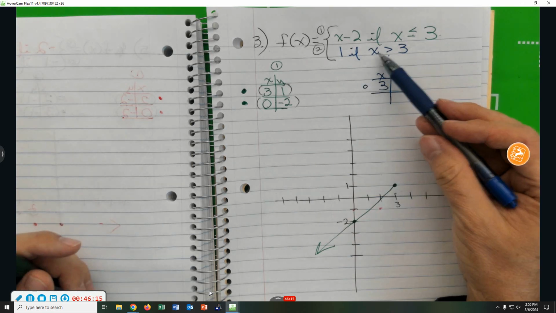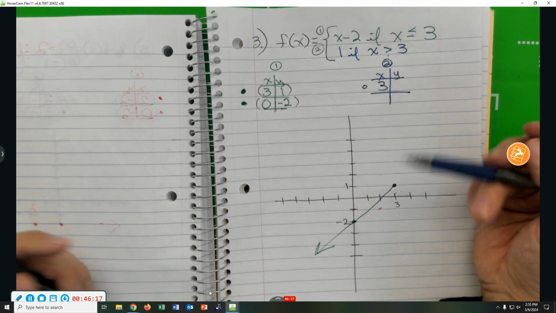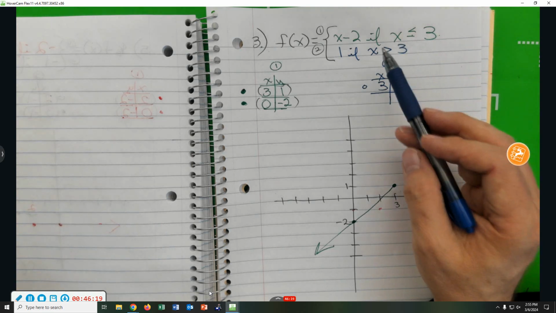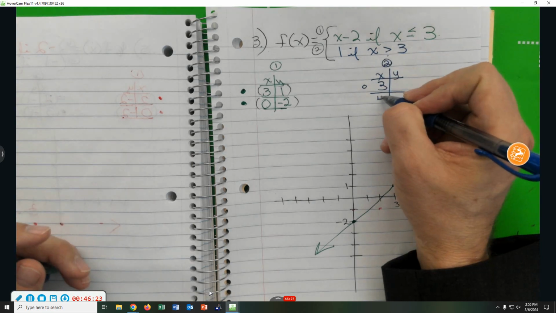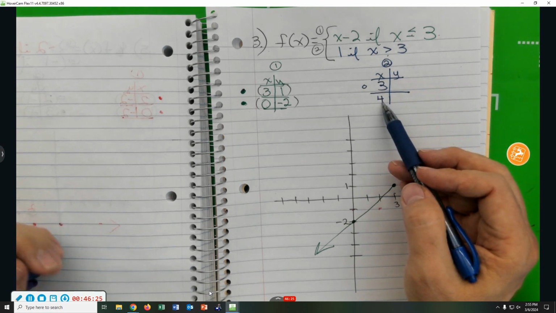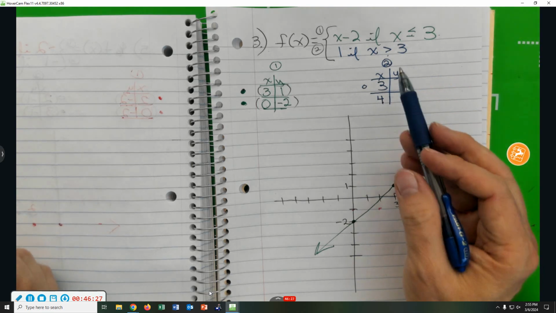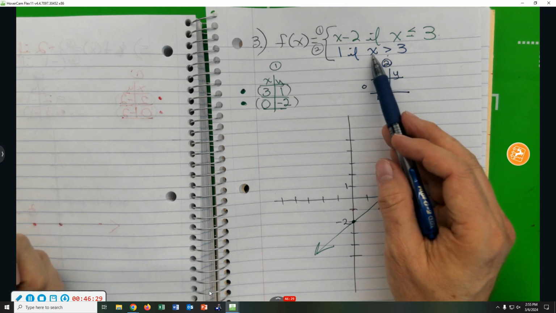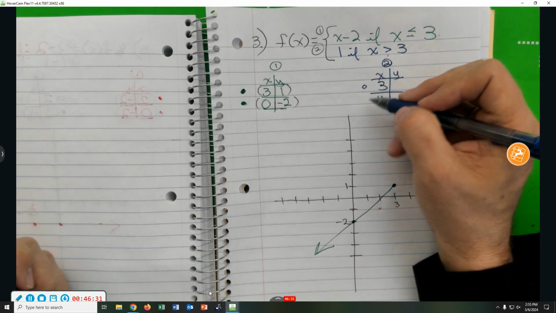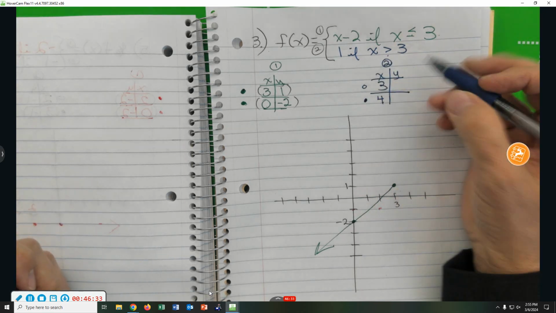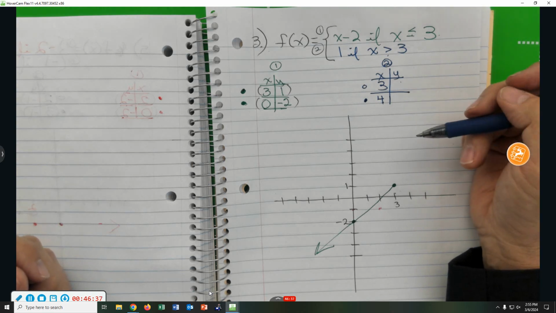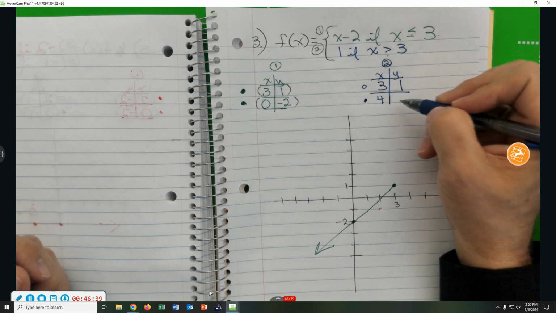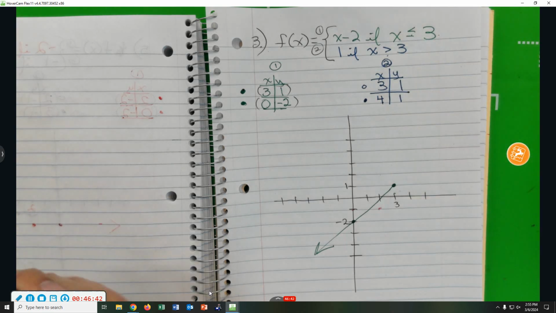I need another x value bigger than 3. 4, okay. Now is this one going to be open or closed? Any number you choose yourself has to satisfy the inequality, so it's automatically a closed dot. Hey, this is nice. What are the y coordinates going to be? 1 in both cases, I agree.